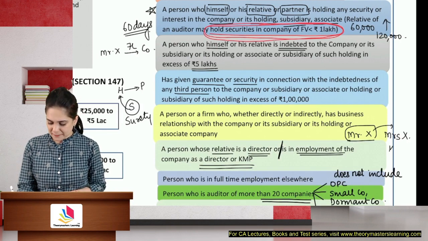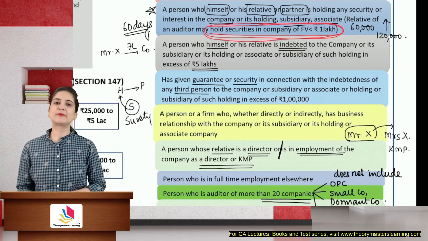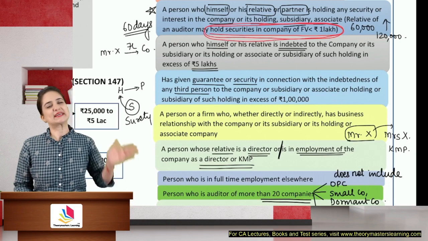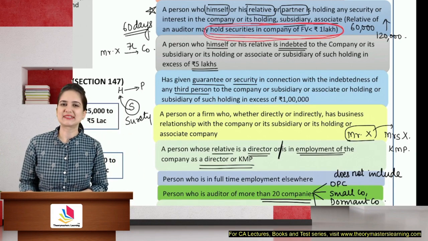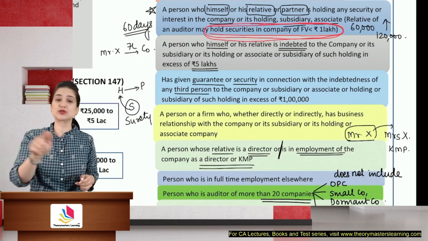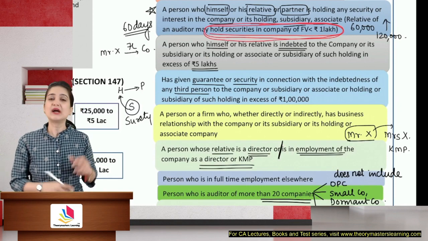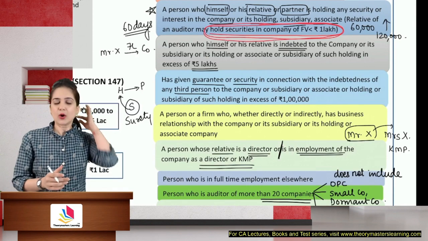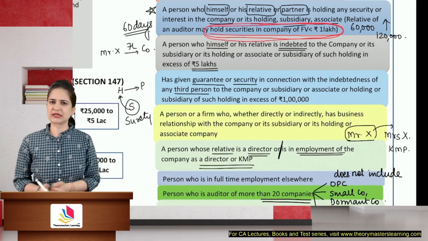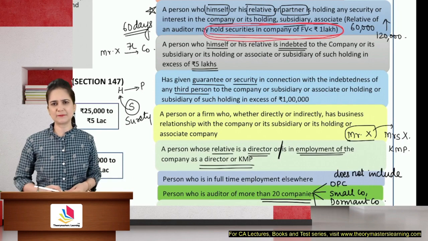Wife is a KMP. X cannot be appointed as auditor. Wife is just a storekeeper. I'll use the word keeper because you will say a manager is also included in the definition of KMP. Okay, she's a storekeeper or she's just a regular employee. Then yes, Mr. X can be appointed as auditor of the company. We don't see any problem in that.